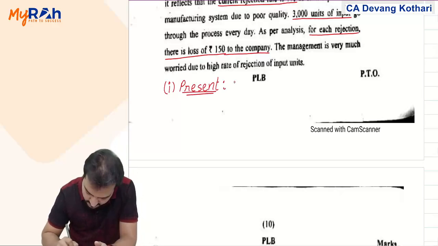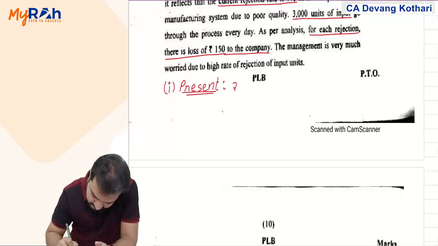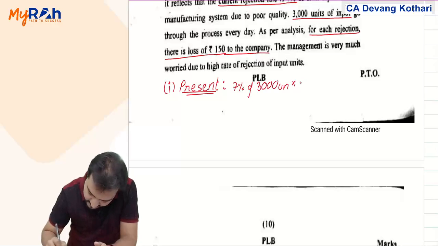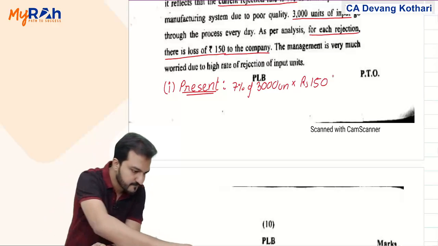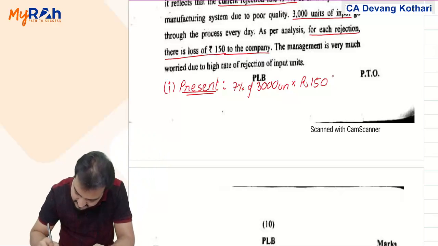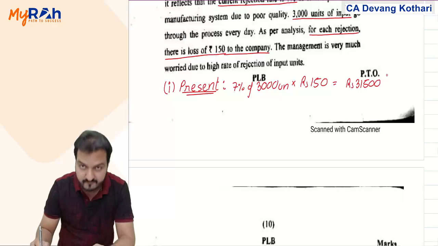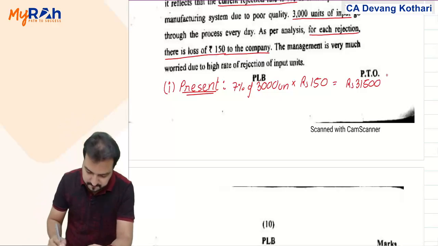Present situation, your rejection is 7% of 3000 units every day, and it is costing you rupees 150. So 3000 into 7% into 150. It's costing you rupees 31,500 per day. Everything here is per day.